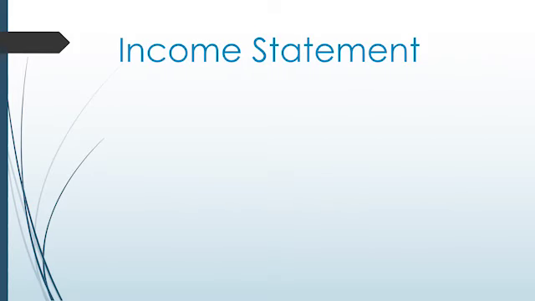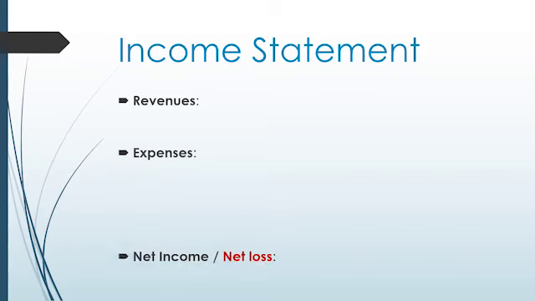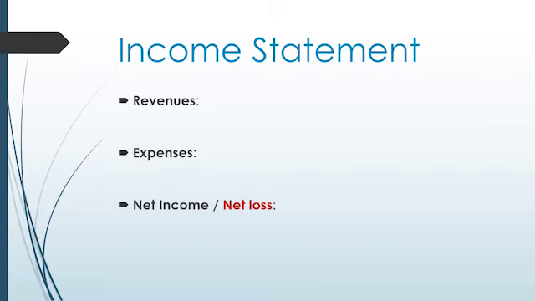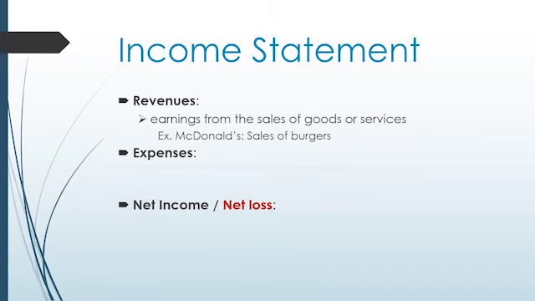On an income statement, there are three parts: revenues, expenses, and net income or net loss. Revenues are the earnings from the sales of goods or services. For example, for McDonald's, part of their revenues are the sales of burgers.